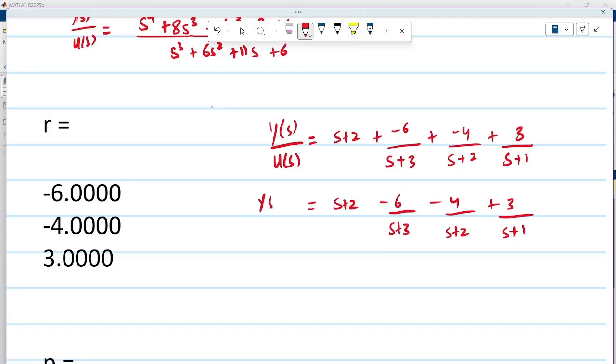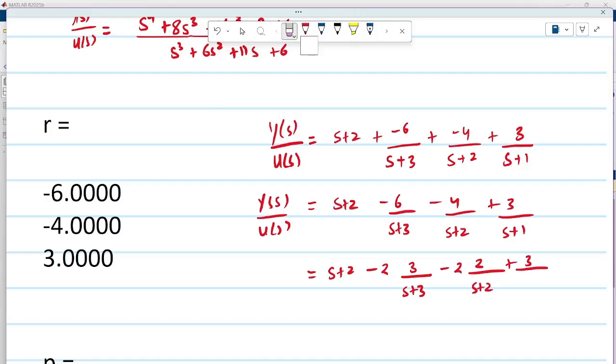This is how you can directly get the partial fraction from MATLAB. It's quite easy. You can simplify it further. So s plus 2 minus 2, that will become 3 divided by s plus 3, and you can add a minus of 2, it will become 2 divided by s plus 2, plus 3 into, sorry, 3 into 1 divided by s plus 1.